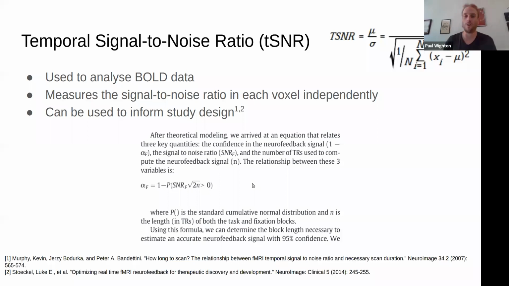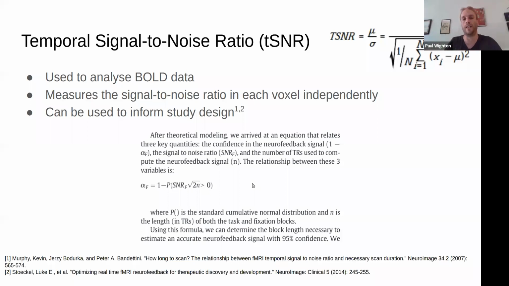TSNR. So this is going back to the bold thing and making things worse. Temporal signal to noise is a great way to characterize your bold data. What you're doing is you're taking each voxel independently, and you're just computing the mean intensity of that voxel through time, divided by the standard deviation of voxel intensity over time.